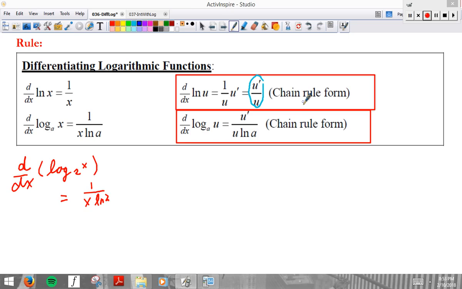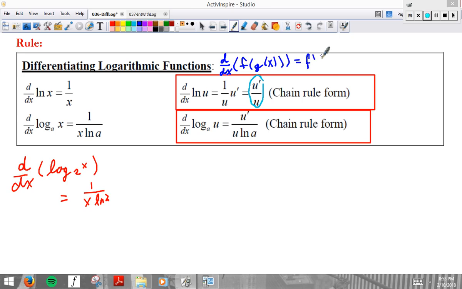Now, these are both chain rule forms. Let's write down the chain rule. I told you before, we're going to use every opportunity to write this down again. Can you write it down by heart? Do you know the chain rule, the general version of the chain rule? I'm talking about, do you know what the derivative of this guy is yet? By heart? 3, 2, 1.